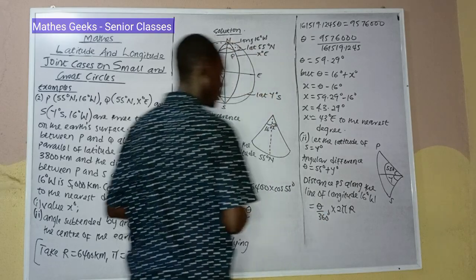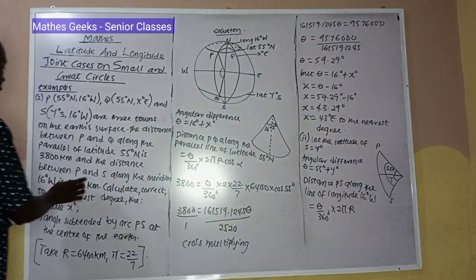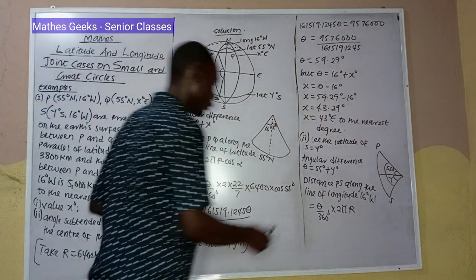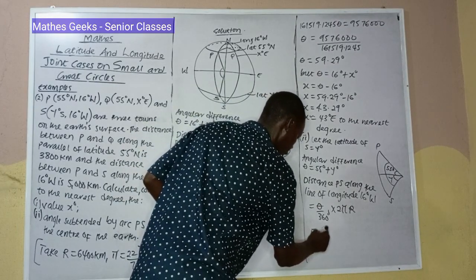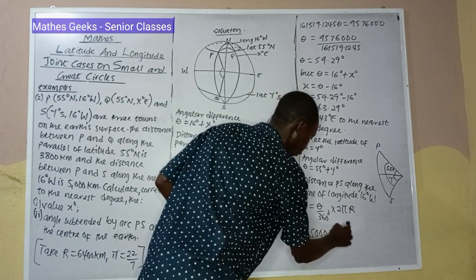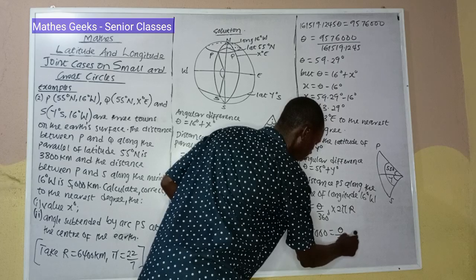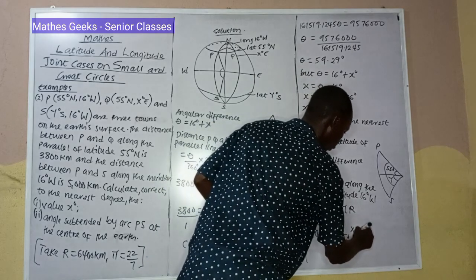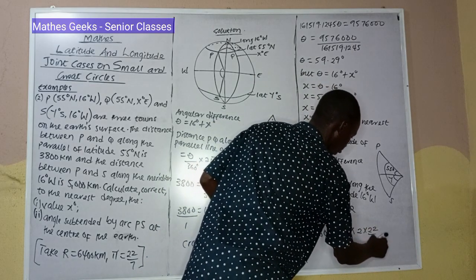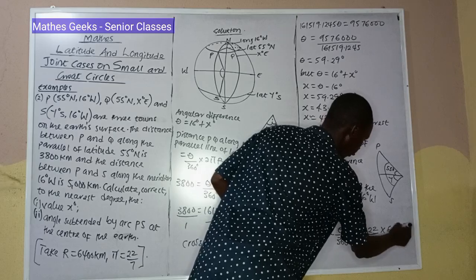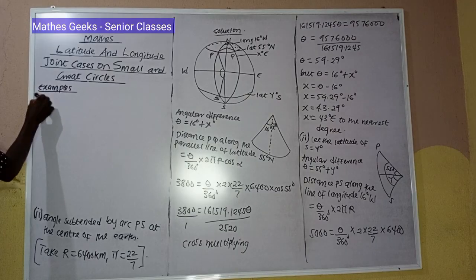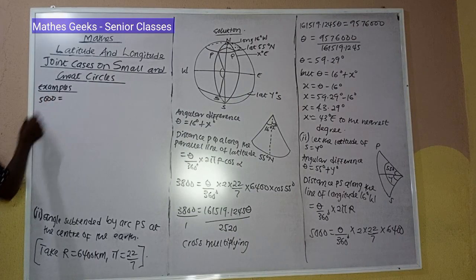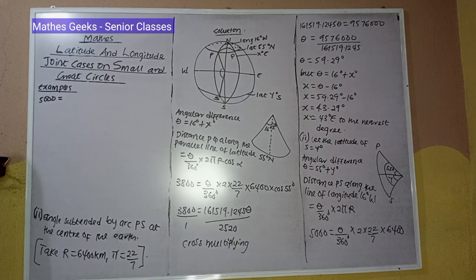The distance PS is given as 5,000 kilometers. So 5,000 is equal to theta over 360 degrees times 2 times 22 over 7 times 6,400.